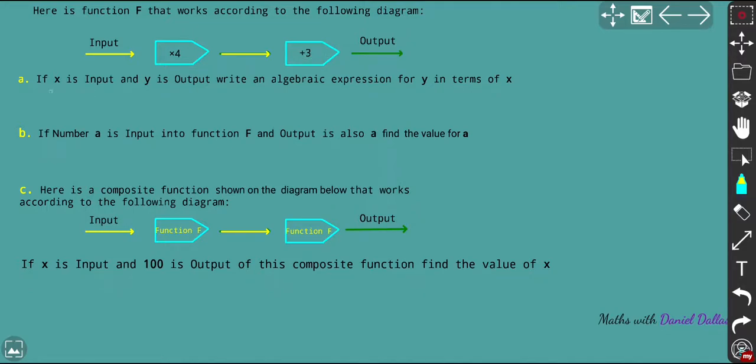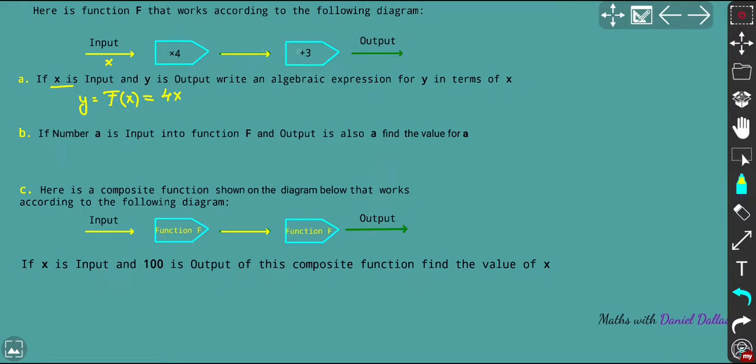So basically, if you take x as the input and y as the output, write an algebraic expression for y in terms of x. So basically, you need to write how you can get y from x. So you set up the rule f of x, and that means, first of all, if your input is x, you multiply by 4, which is going to be 4x.